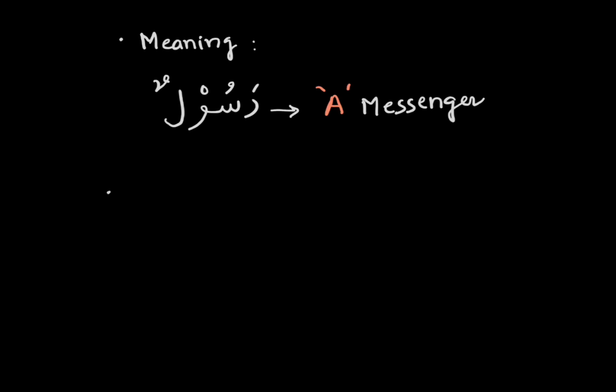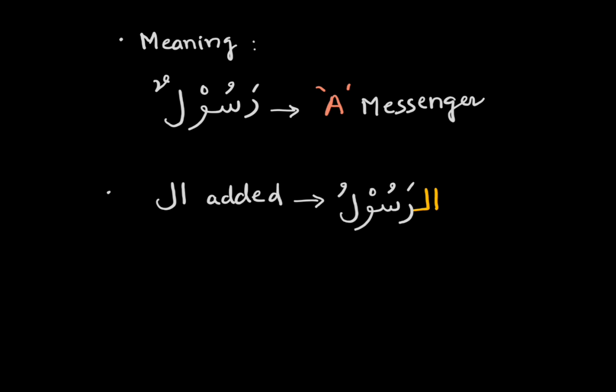When alif lam is added to rasulun, one dhamma is removed and it is written as Ar-Rasulu. You can see when alif lam is added, the tanween that is there at the end is changed into a single dhamma.